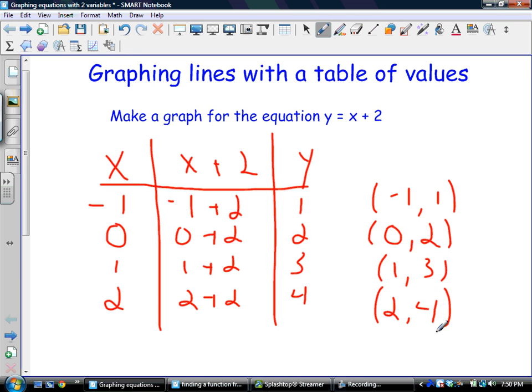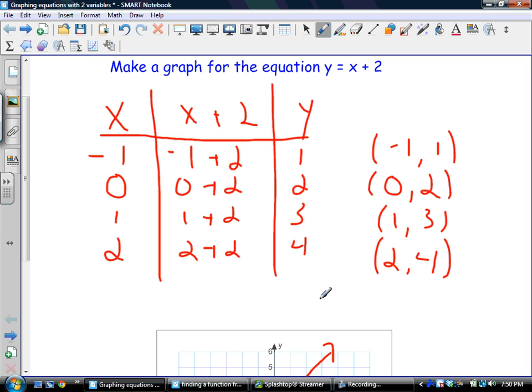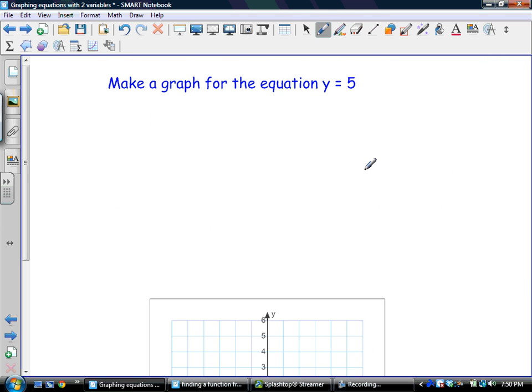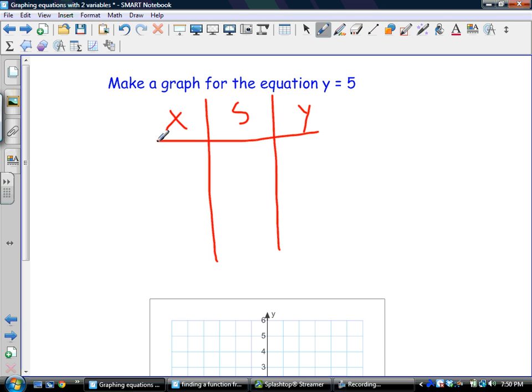Anytime these do not have an exponent, you should end up with a line. Just remember that. Now, I have two special cases to show you. First one, the equation is a little different. It just says y equals 5. If I want to make a table of values for this, there's no place for an x in my equation.